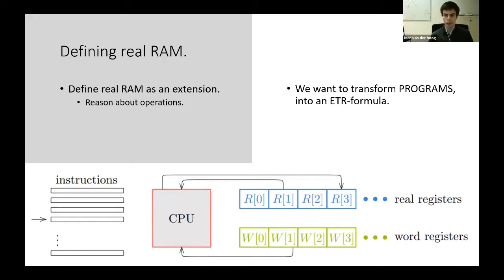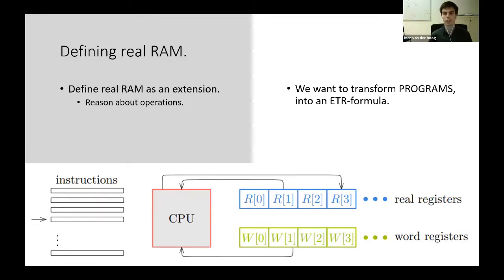We look at common, well-known definitions, and we reason about what the real RAM should and should not be able to do. And what we explain is that you can view the real RAM, in our opinion, as an extension of the word RAM. So you just have a CPU, which has word registers and real registers, and it has access to certain operations on both.